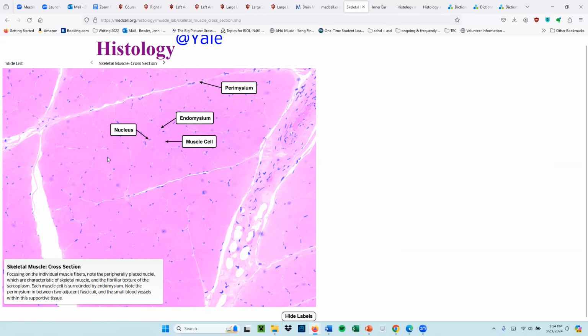We have a really tiny connective tissue membrane surrounding all these muscle cells. That is our endomysium. Endo means within. Surrounding each fascicle, we're going to have a perimysium, which is, peri means around. So this is surrounding every fascicle.